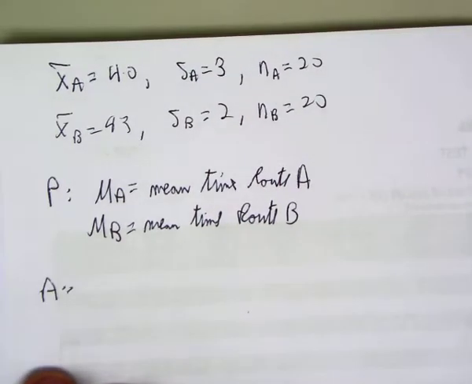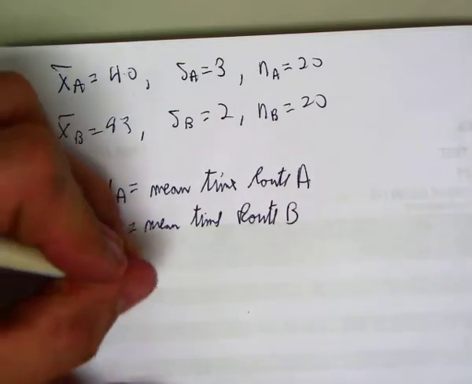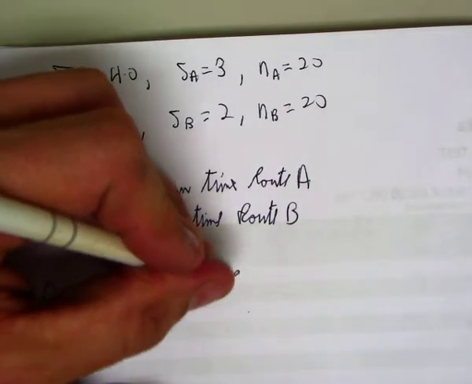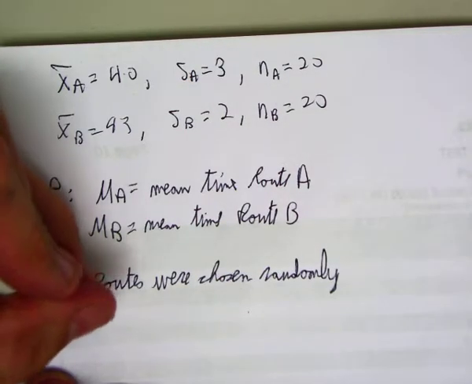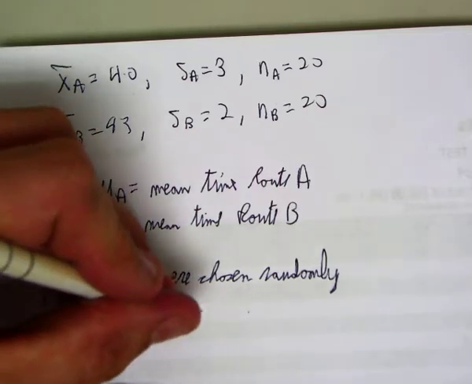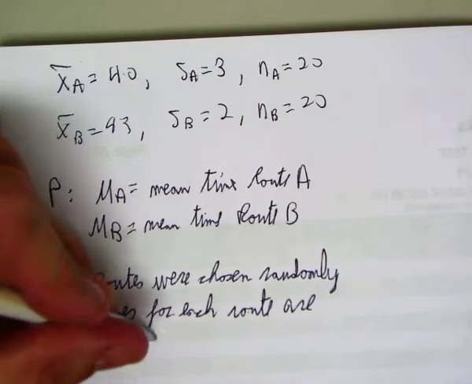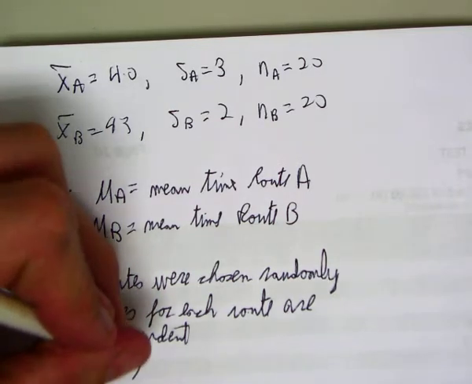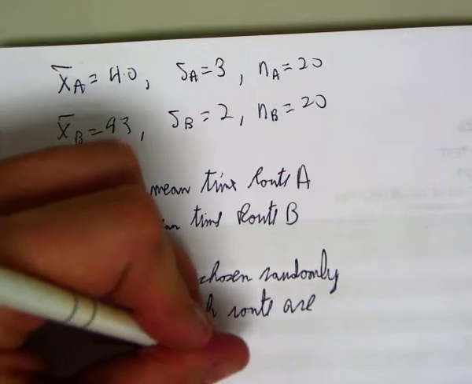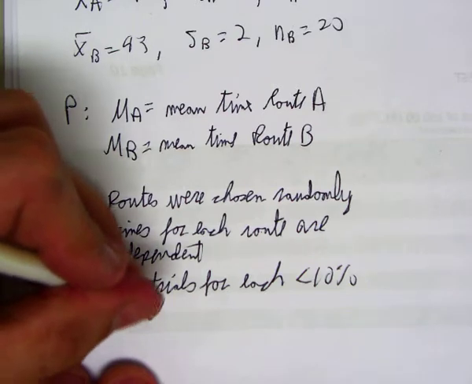The assumptions. These routes were chosen randomly by, the problem says, by flipping a coin. The times for each route are independent. 20 trials for each is less than 10% of all trials.